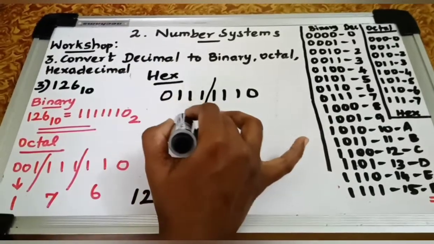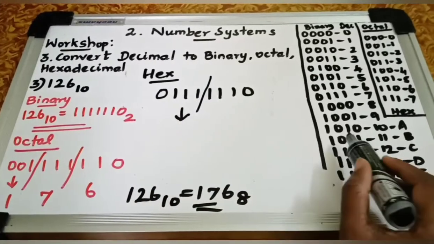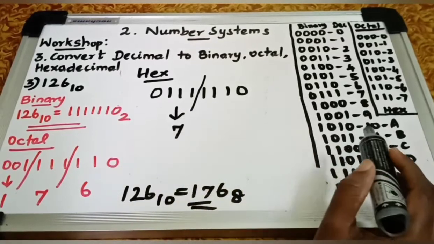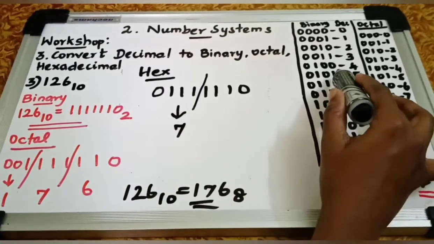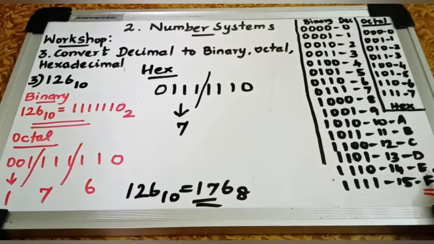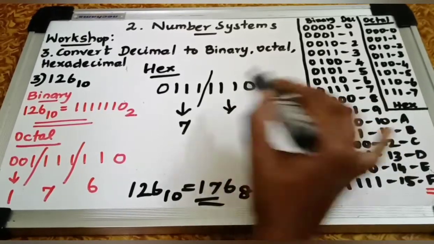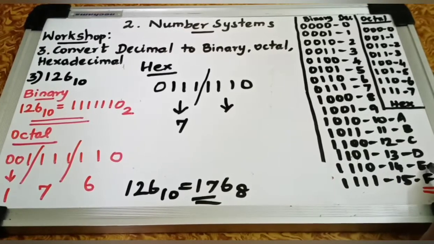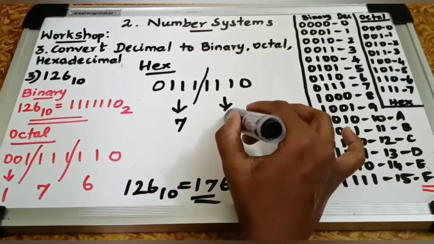What is the equivalent of 0111? 0111 is equal to 7. Then 1110 is equal to E, so 7E. The decimal equivalent is 14, and the hexadecimal value is E.